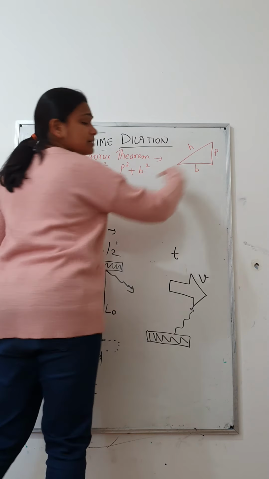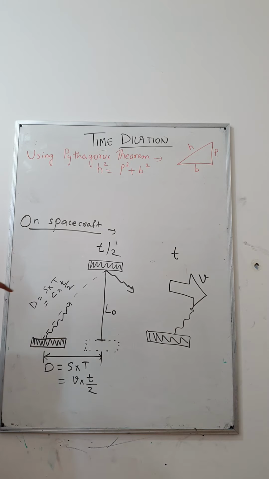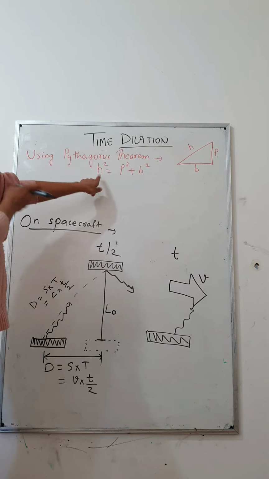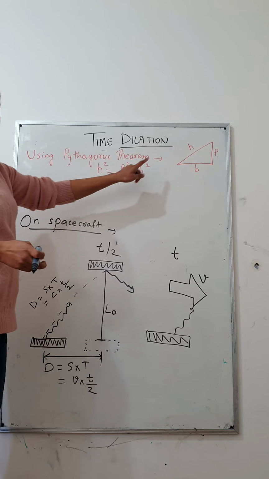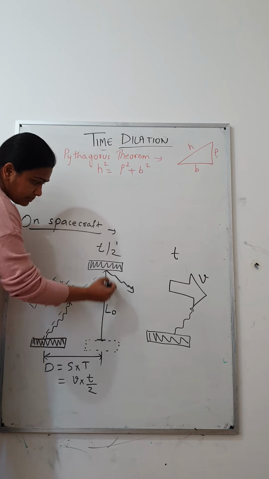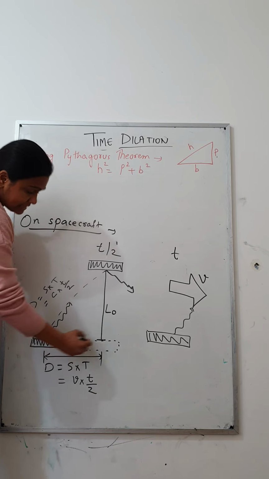Now using Pythagoras theorem, we will do some algebra with these. So hypotenuse square equals perpendicular square plus base square. This is the hypotenuse square, perpendicular square and base square.